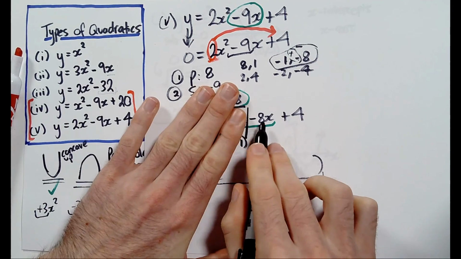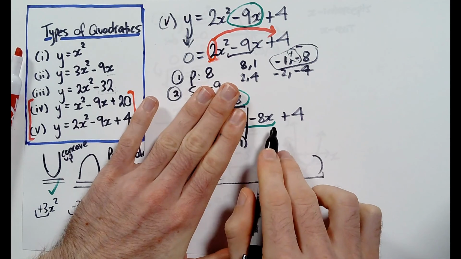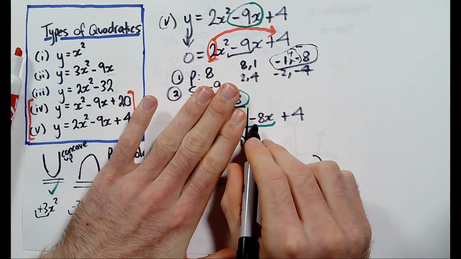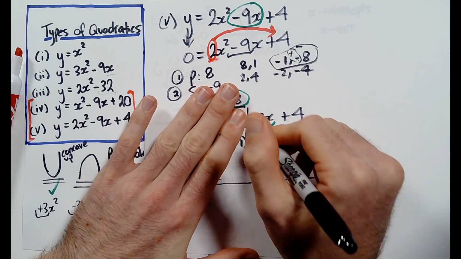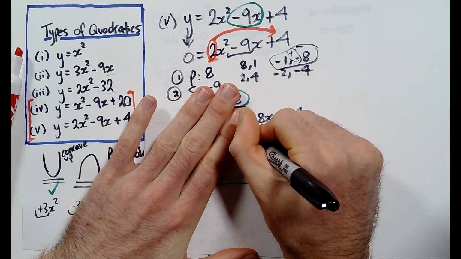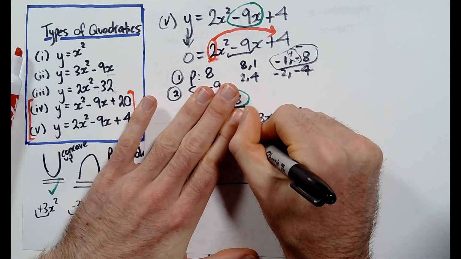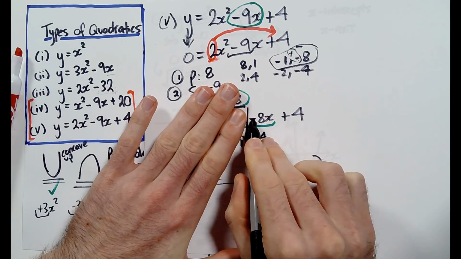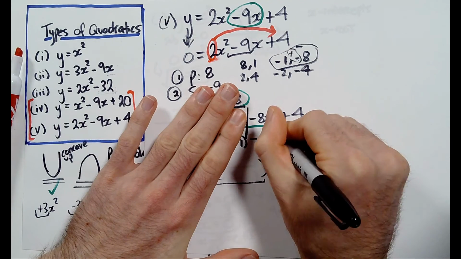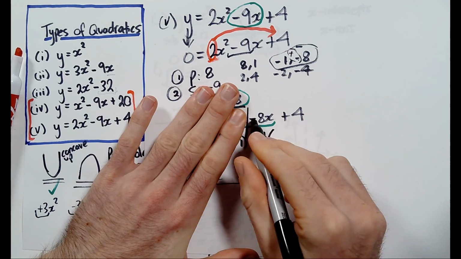Now we do the other side. So I only look at minus 8x plus 4. It's called factorizing or grouping in pairs. So minus 8x plus 4, what's the common factor? 4, right? I'll take out negative 4 because the front one has a negative. So even though they don't both have a negative, because the front one has a negative, I'll take out the negative. And then we'll say negative 4 times what equals negative 8x?